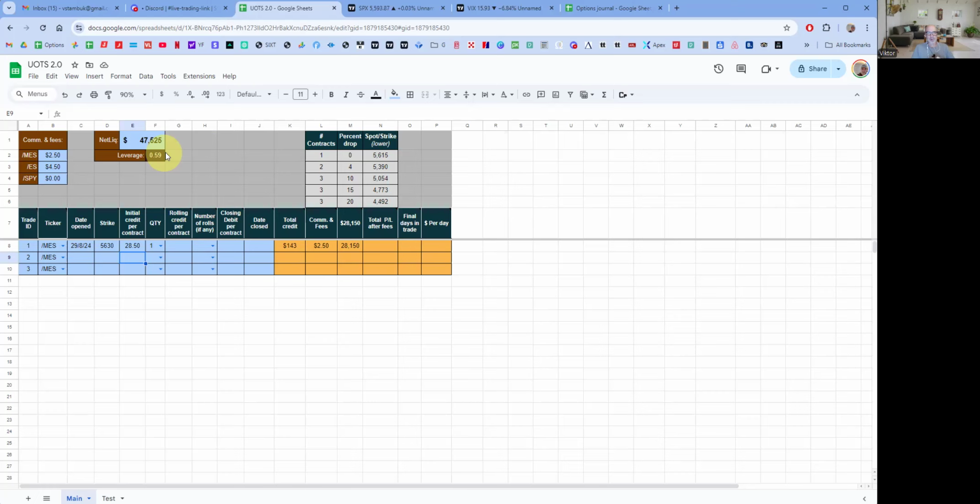And we'll see tomorrow what happens, and obviously we'll have to do something tomorrow because this is one DTE, and we don't want to let this expire and then get assigned or whatnot. We just want to make sure that we either roll it, or if the market moves up strongly, then we'll move the strike up. If it goes down, we'll do something else.